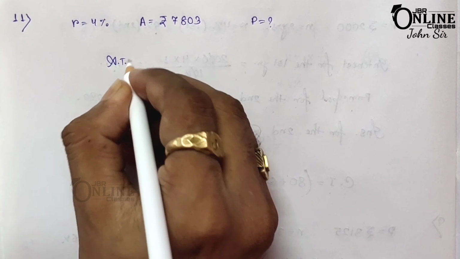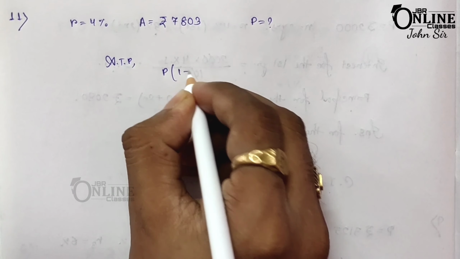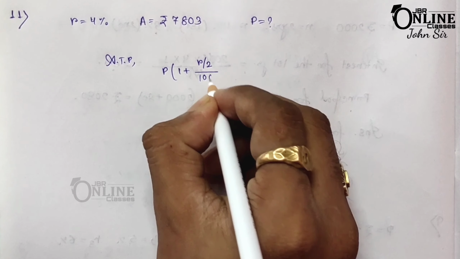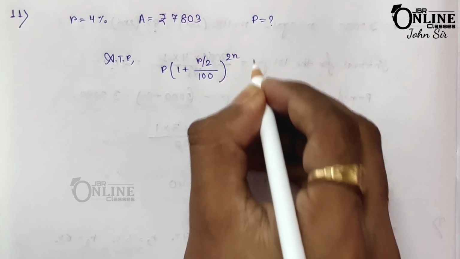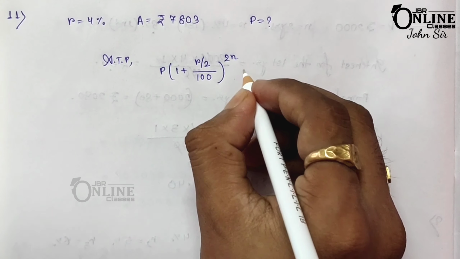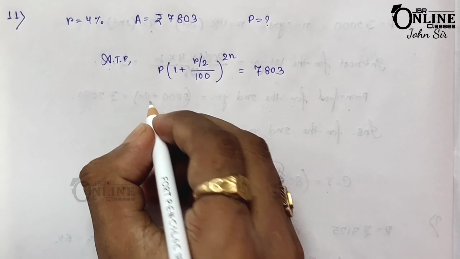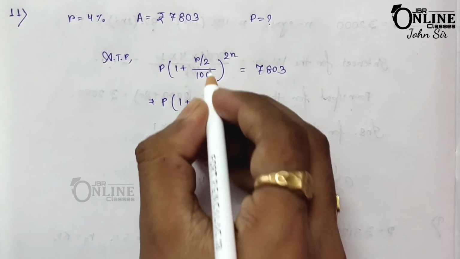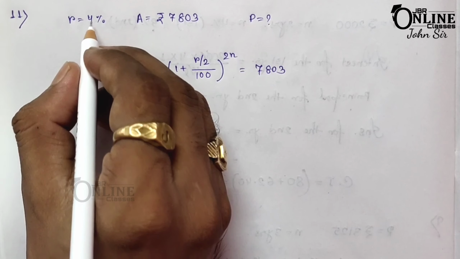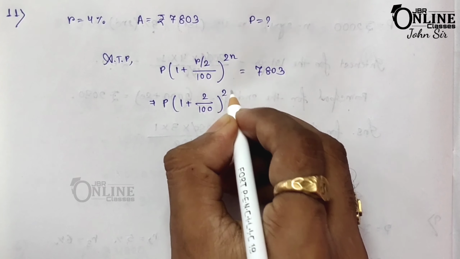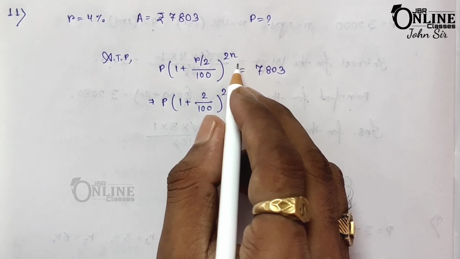So according to the problem, P into 1 plus R by 2 by 100, whole to the power 2n, equal to this amount 7803. Now 1 plus R by 2 means 4 by 2, which is 2 only, so 2 by 100, and 2 into 1 as n equal to 1, equal to 7803.